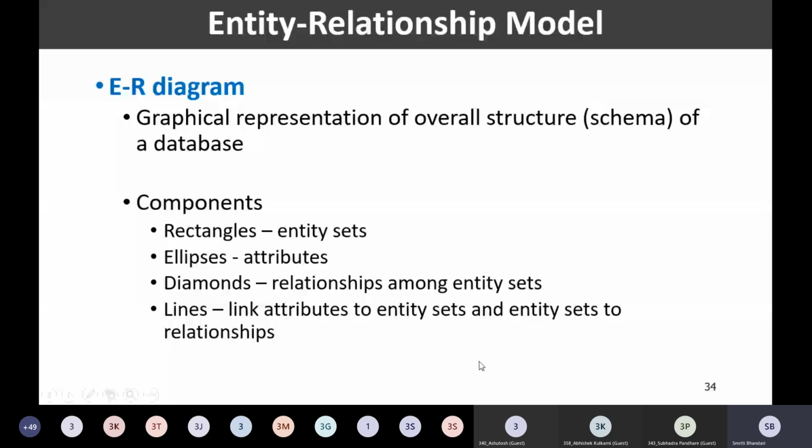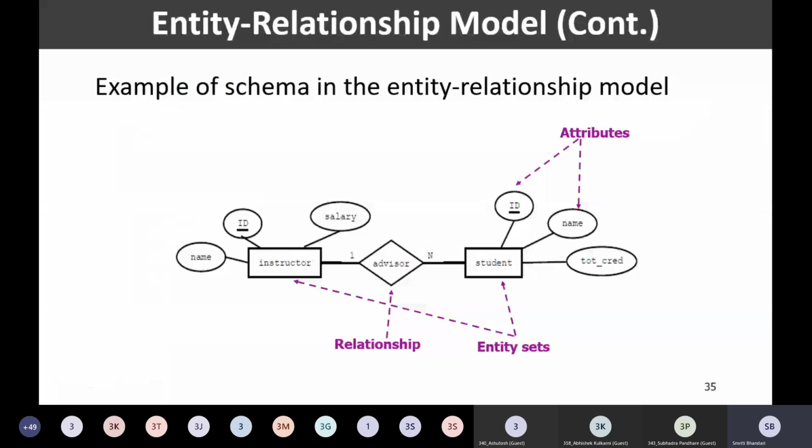We have seen one example also, a simple example of an ER model. See here, we have described only two entity sets, instructor and student. The instructor entity set has the attributes ID, name of the instructor and salary.